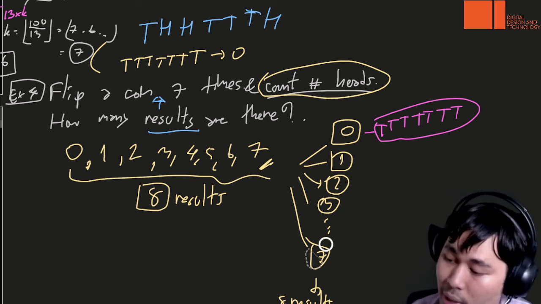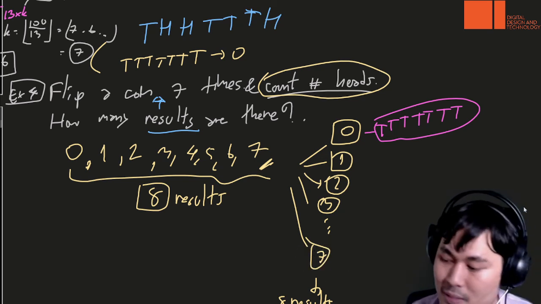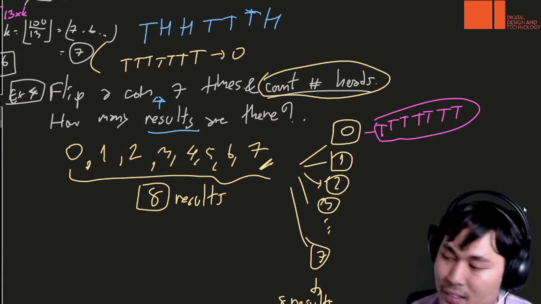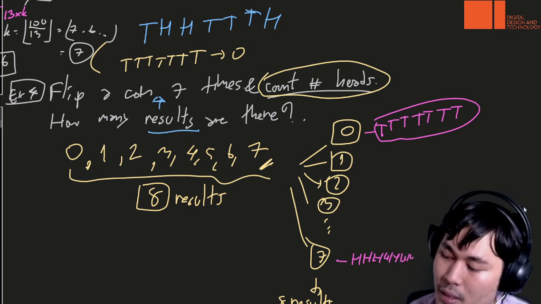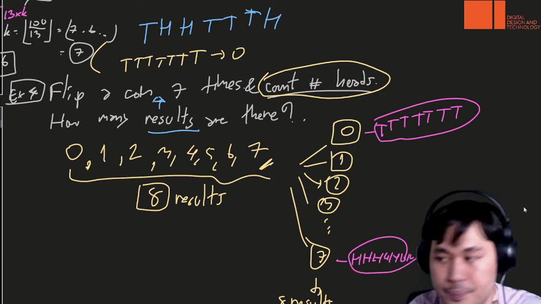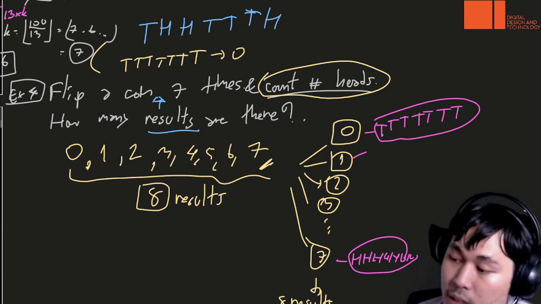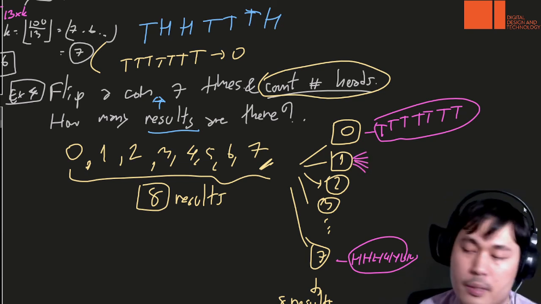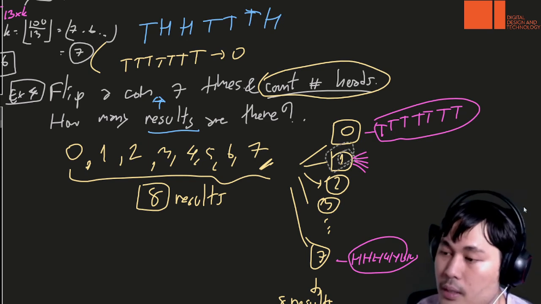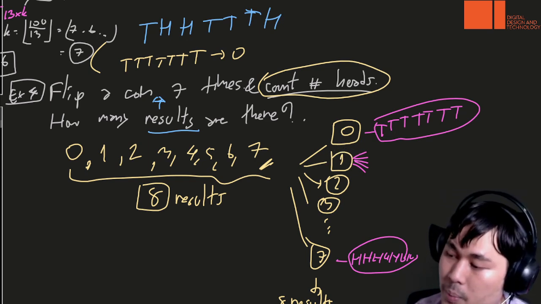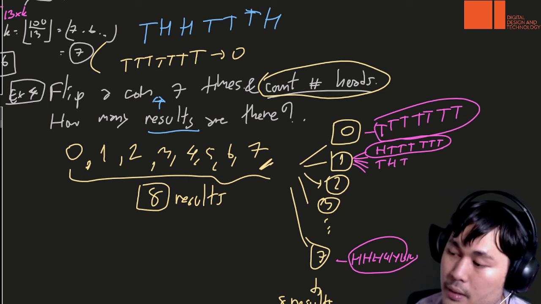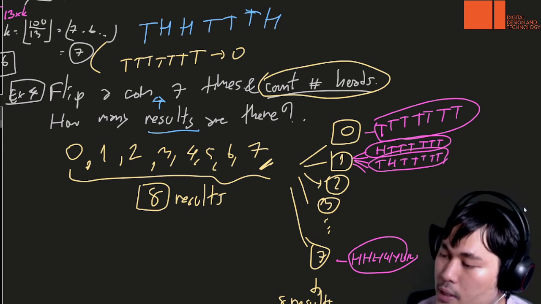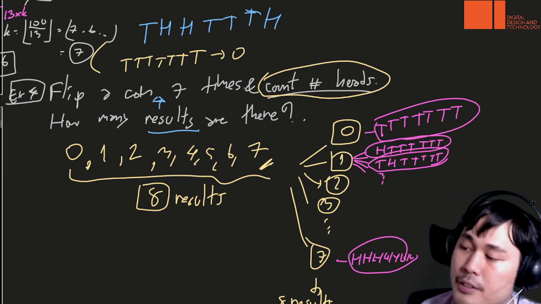Likewise, if you look at the bottom branch where there are 7 heads, the only leaf there is when you have all 7 heads. But other branches have more than one leaf. Like the branch where you count only one head could have the leaf where the first flip is a head. That's one leaf. Or the second flip is a head. That's another leaf. And so on and so forth.